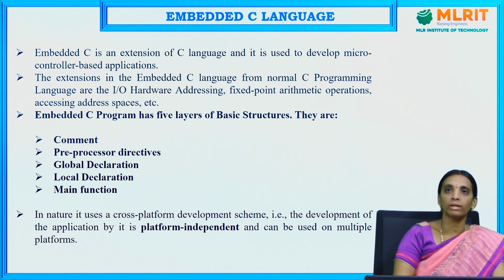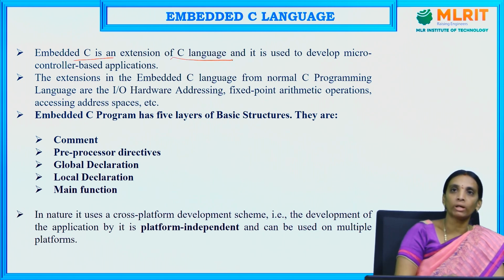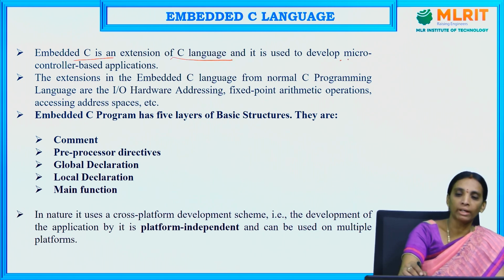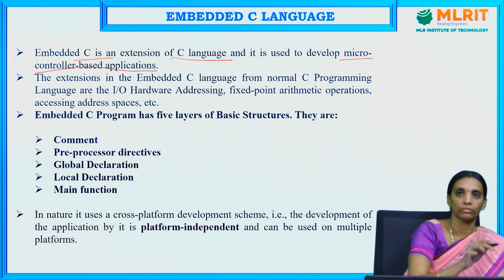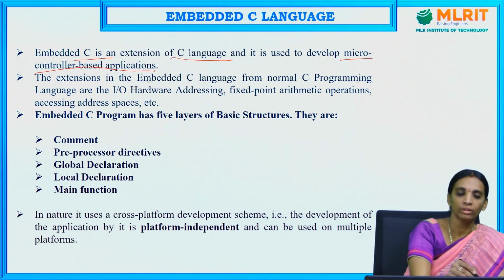Next, we go to the embedded C language. Embedded C language is an extension of the C language and is used particularly to develop microcontroller based applications. So C language is a general purpose programming language, and embedded C language is a programming language for microcontroller based applications.